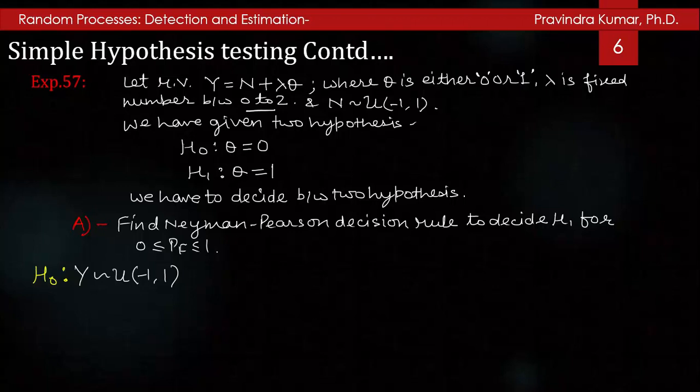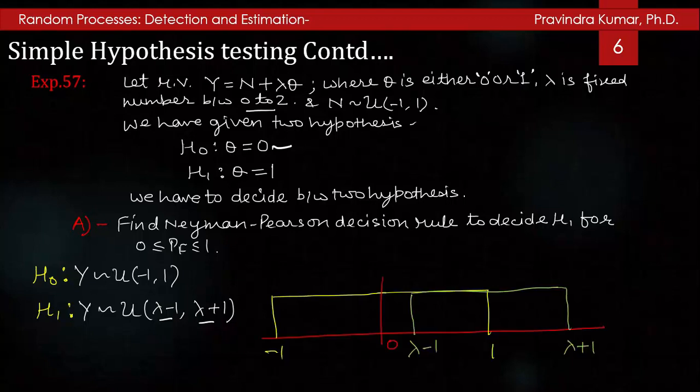So you know, under hypothesis H0, the output Y will have the uniform distribution from -1 to 1, because in this case theta is 0, and under hypothesis H1, the output Y has the uniform distribution from lambda -1 to lambda +1. So we can sketch this from -1 to 1.